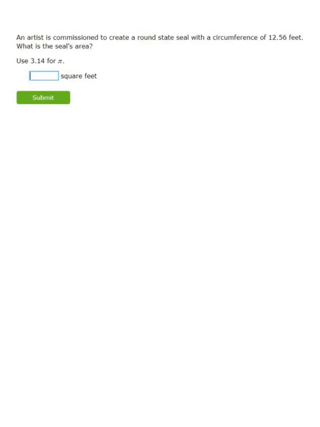It says an artist is commissioned to create a round state seal with a circumference of 12.56 feet. So we have a circle that has a circumference of 12.56 feet. What is the seal's area? So what is the area of that circle? So let's start by writing down both of our formulas. We know circumference is pi times diameter.